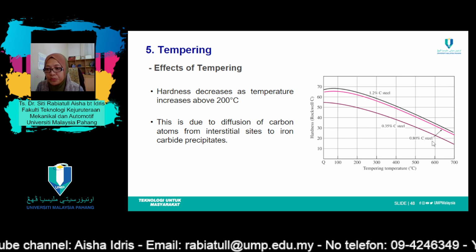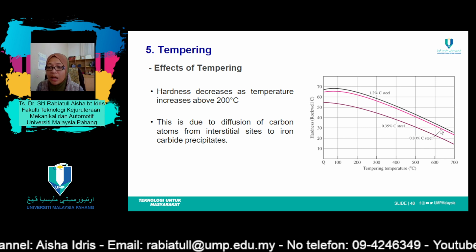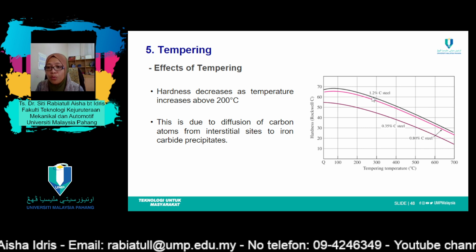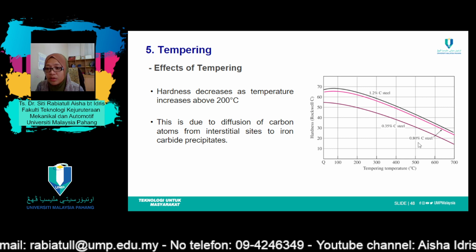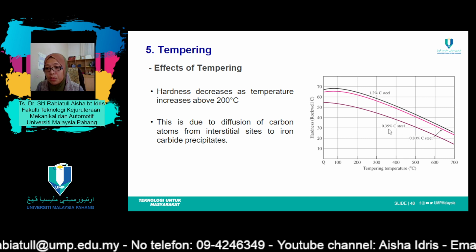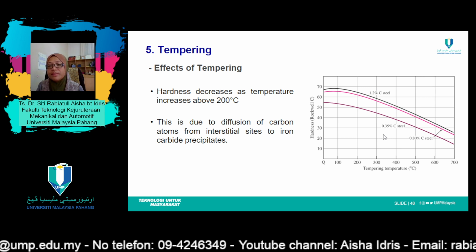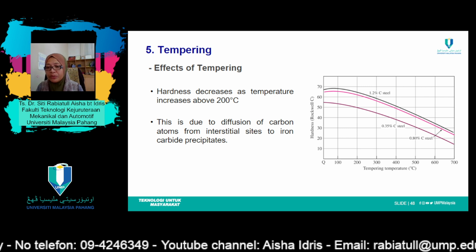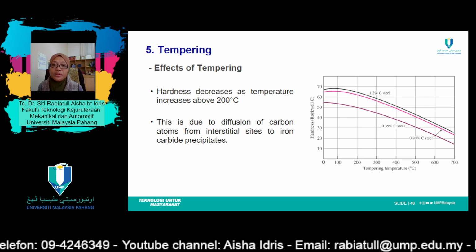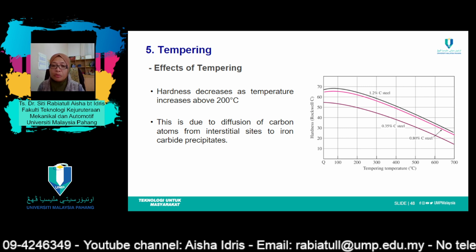You can see the trend from this profile. If you compare 1.2% carbon steel, 0.8% carbon and 0.3% carbon steel, it's all going down. It's all decreasing in hardness when temperature keeps increasing for tempering.